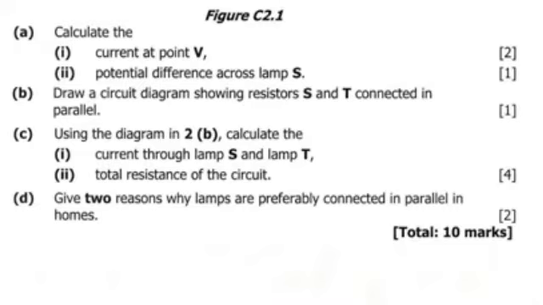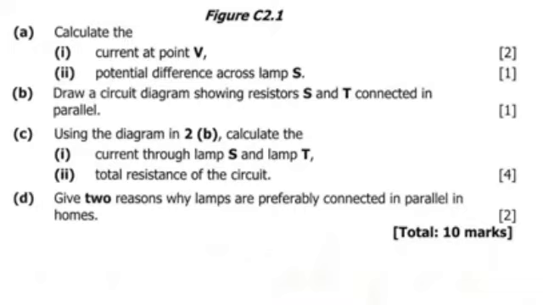When you connect in series, when you switch off one bulb, the entire house will go off. But when you connect in parallel, when you switch off one bulb in the sitting room, the bulb in the bedroom will be on. So the lamps work independently.